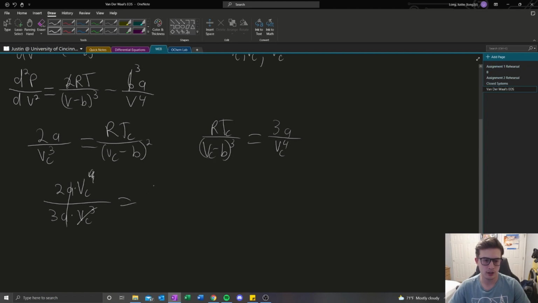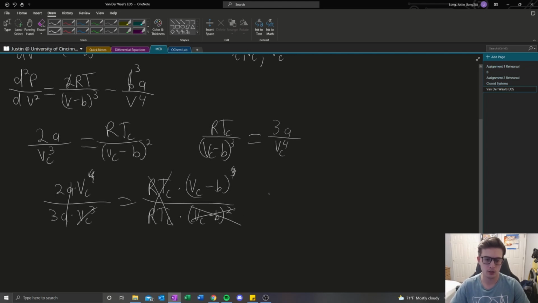And we're going to set that equal to the R times TC times the critical volume minus B cubed over the R TC times the critical volume minus B squared. And so these will cancel out, and then so will that.